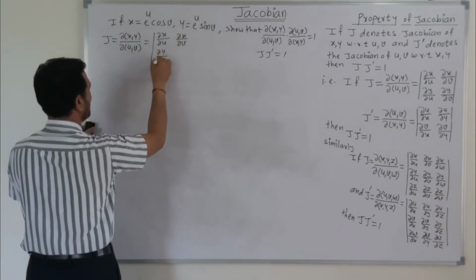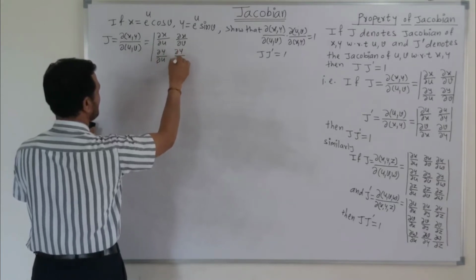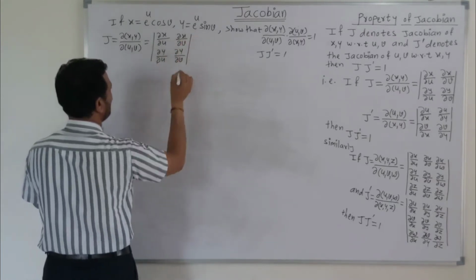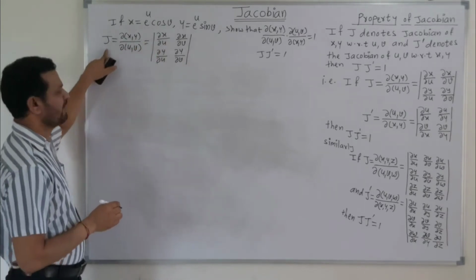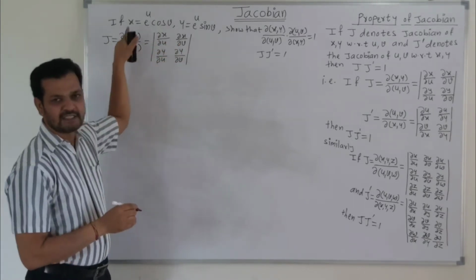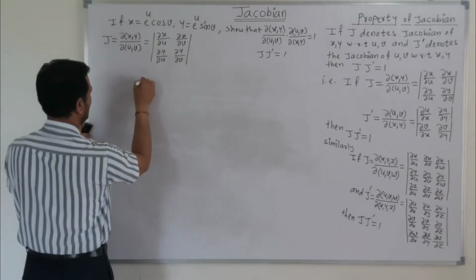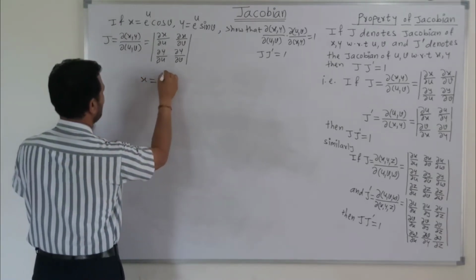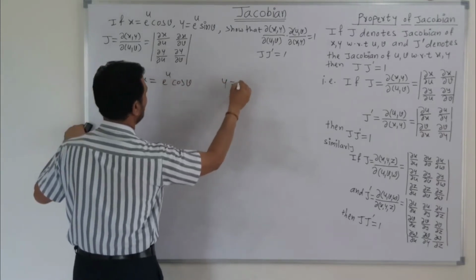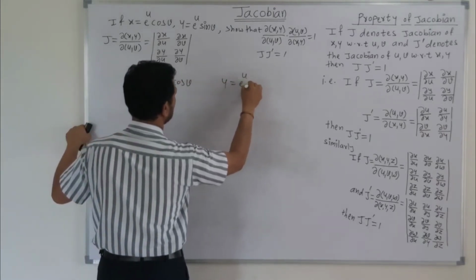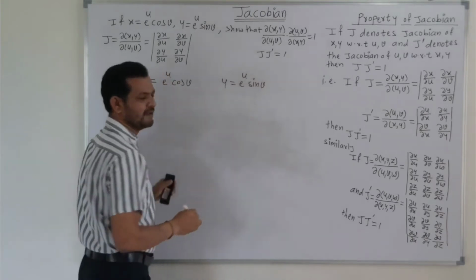Similarly, partial derivative of y with respect to u, partial derivative of y with respect to v. So to get the value of j, let's find out all these partial derivatives. Here the value of x is given, which is e raised to u into cos of v, and the value of y is e raised to u into sine of v.